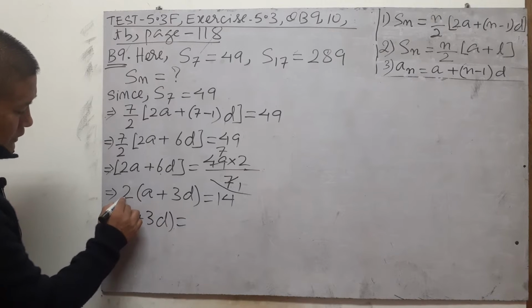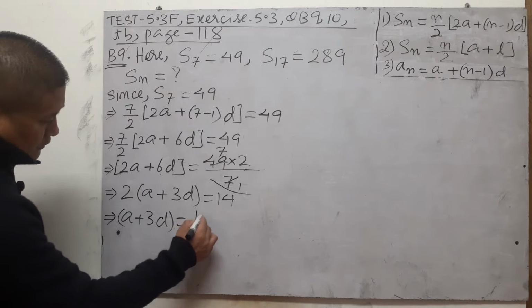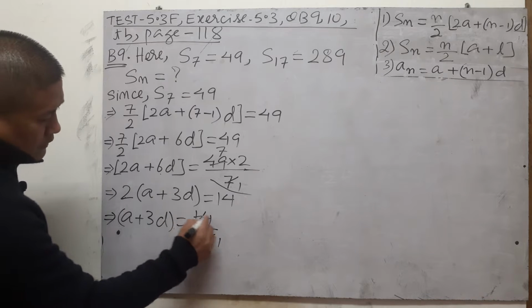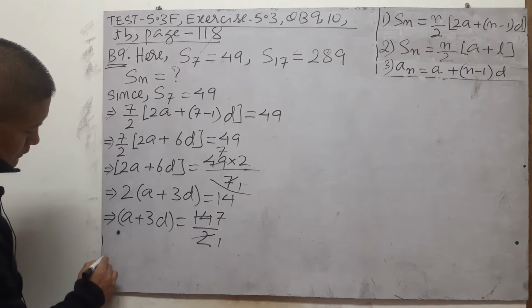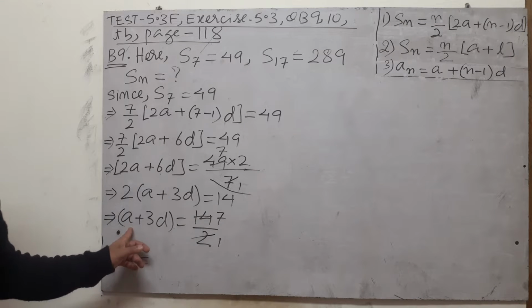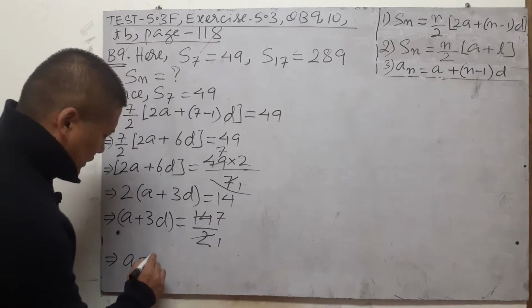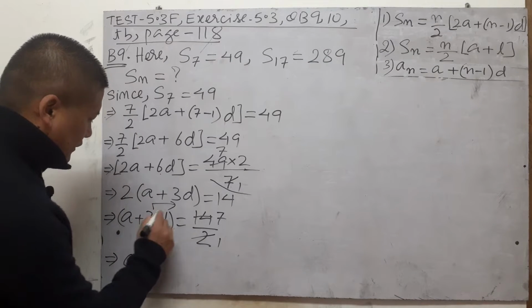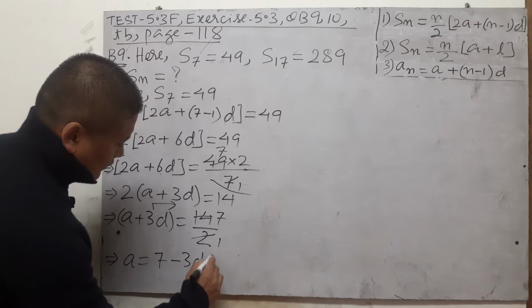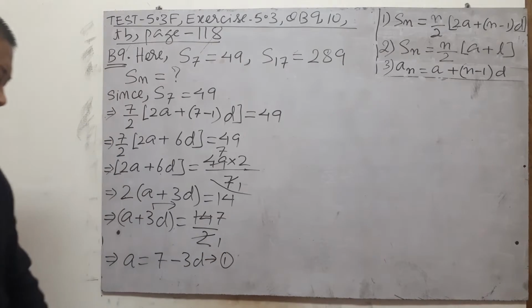Why we remove this highest common factor is that we can shift it to the right side to divide. Down here it will go, 1 2s are 2, 2 7s are 14. So we get a equal to 7 by 1, which is simply 7, and the 3d shifted to the right side becomes minus 3d. So let us keep this one as equation 1.